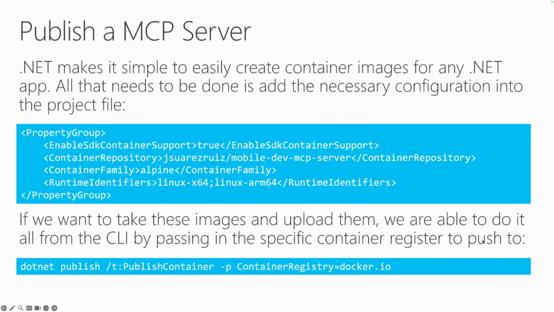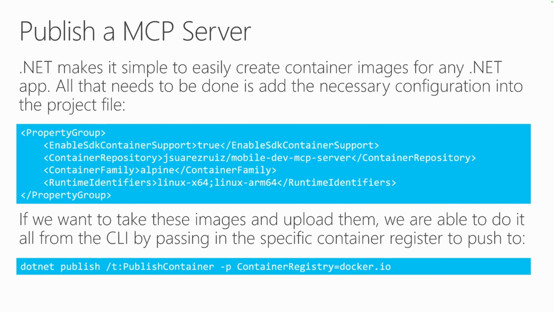Well, it's time now to publish the MCP server. .NET makes it simple to create a container image for any .NET application, and at the end, our MCP server is a console app. So all that we need to do is add the necessary configuration in the project: enable the container support, add the container repository, and include some runtime identifiers.